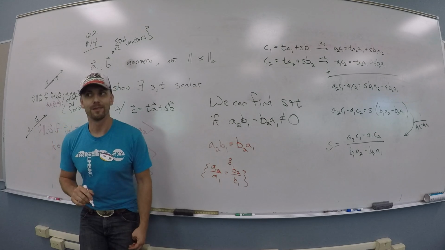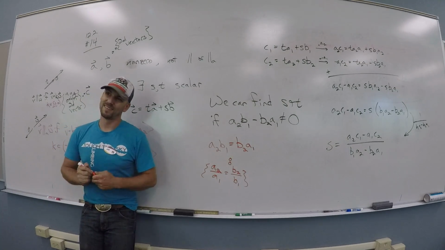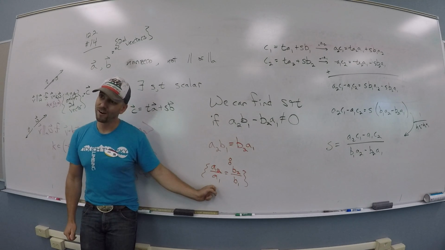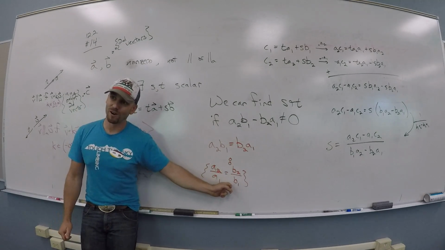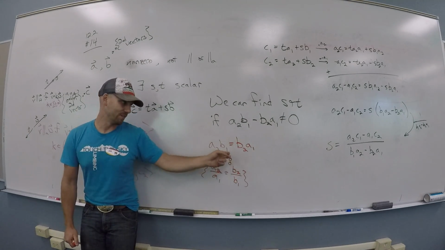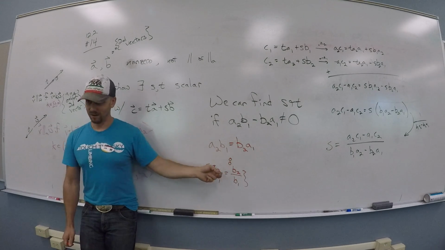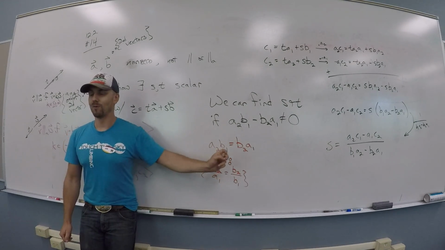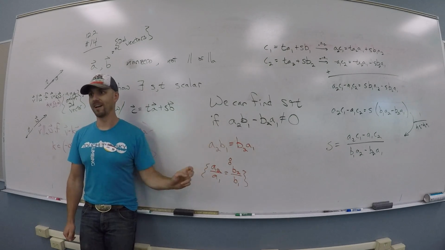I'm saying think this because, in order to do this, I'd have to be sure that A1 and B1 aren't 0, because I divided through by those. So you might spend a minute arguing about what would happen to the other vector if one of them were 0.